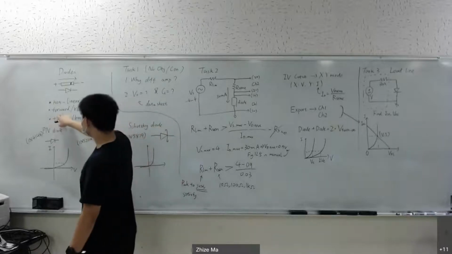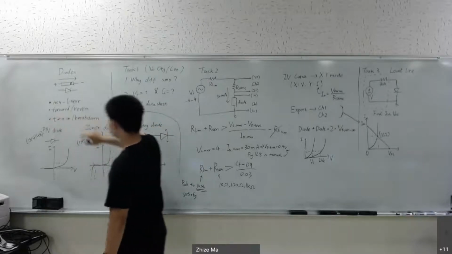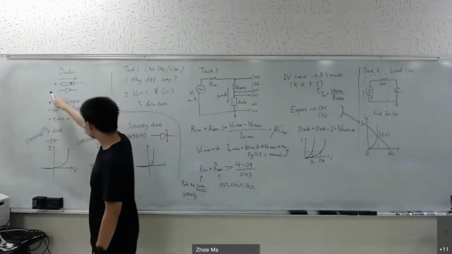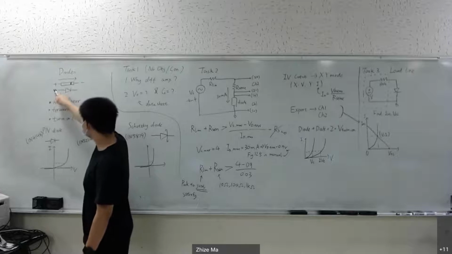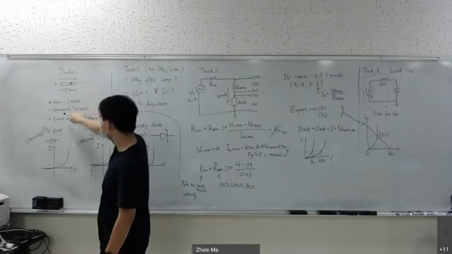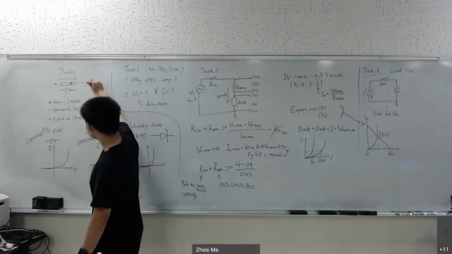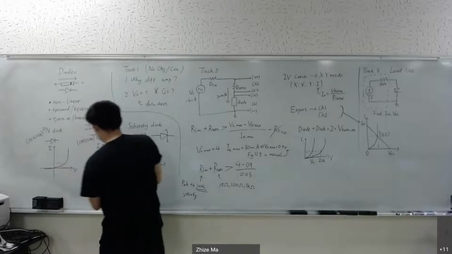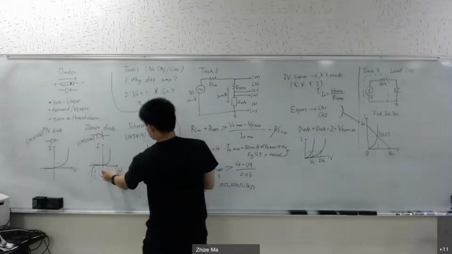And then the diode has the forward and the reverse bias regions. What that means is when the voltage at the positive side is greater than the voltage at the negative side, the diode is operating in the forward bias region. So that's this part of the plot, the positive part.